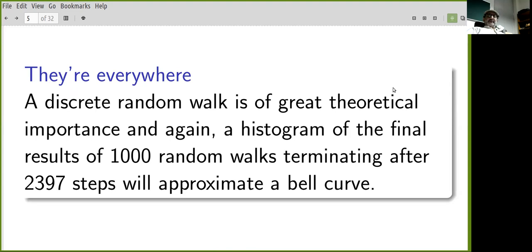So now we keep track of where the walker ends after 2,397 steps, and we have 1,000 random walkers. And what happens? The results look like a bell curve.